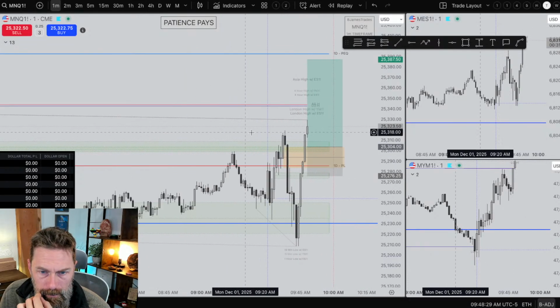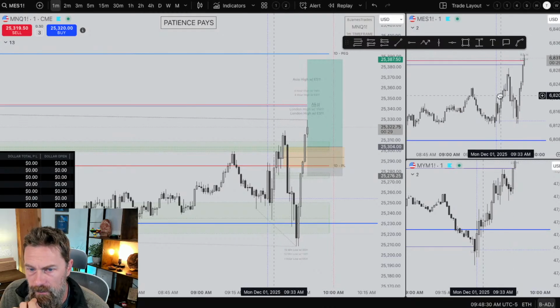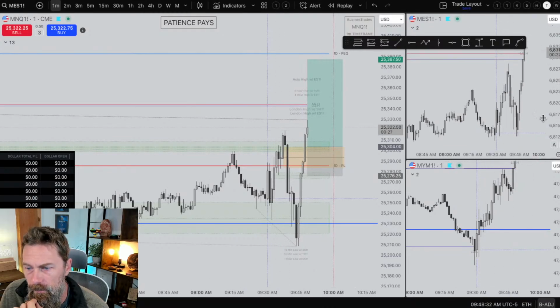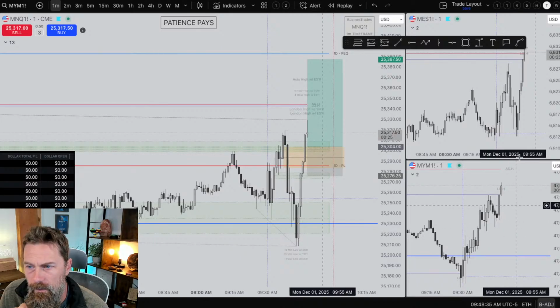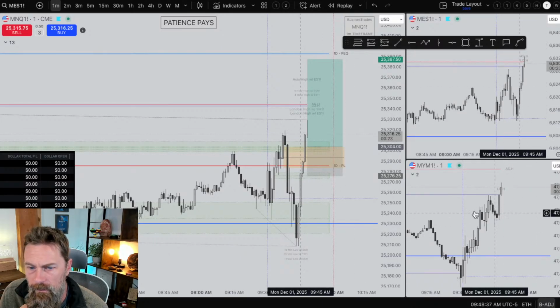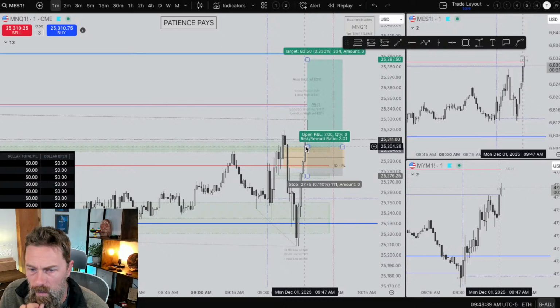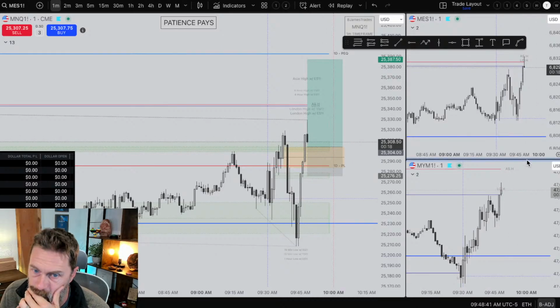So now it has swept this high up in here. There's a SMT starting to form. Currently NQ on the 1 minute's the lagging asset.